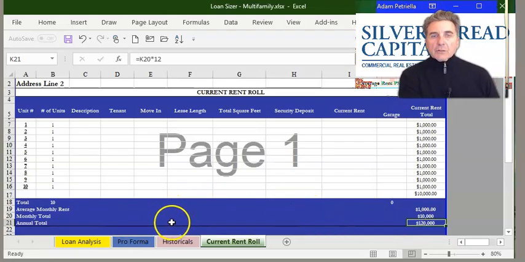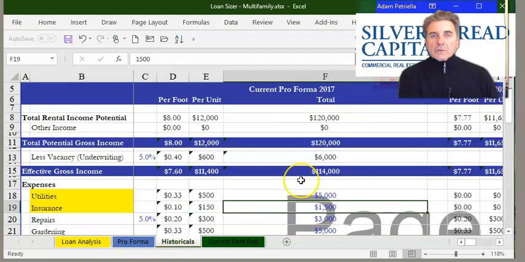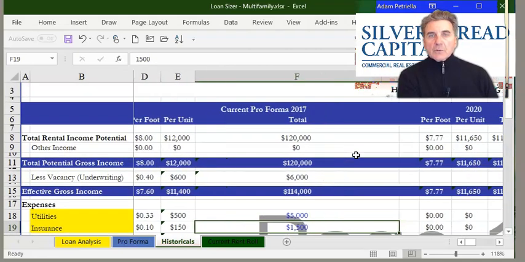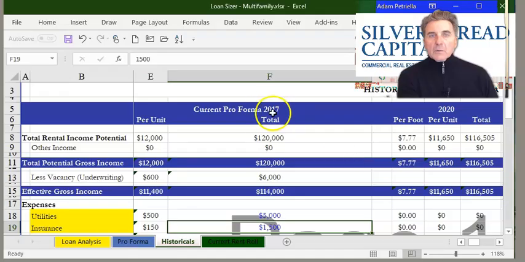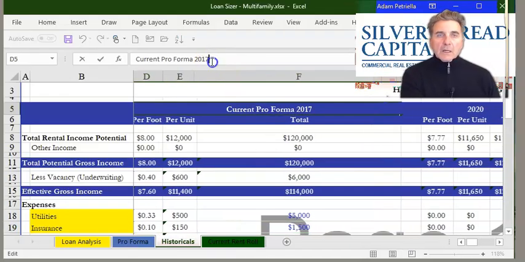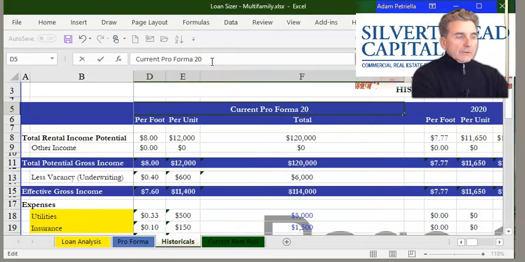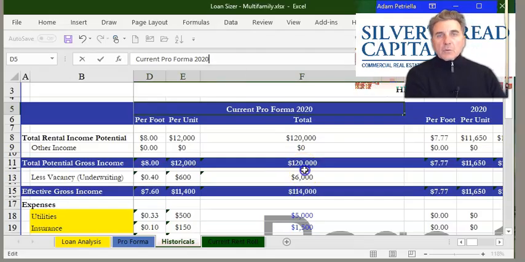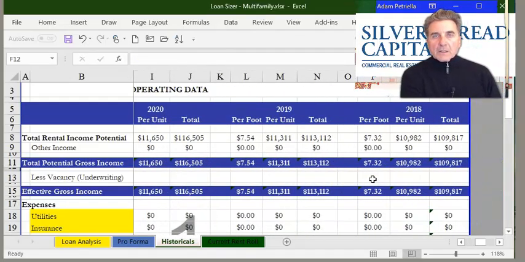We will now look at what we call historicals, because if we're submitting this to a lender, we want to show the lender the historical performance of this property. Now, again, if you're just doing a quick analysis, you might not have the last 2 to 3 years of income and expenses.